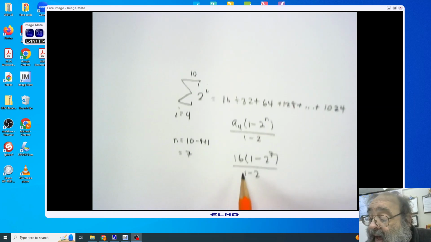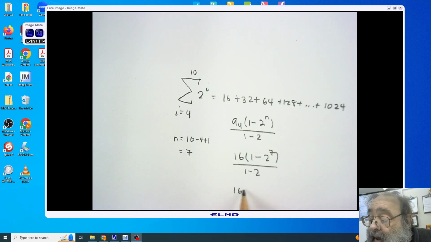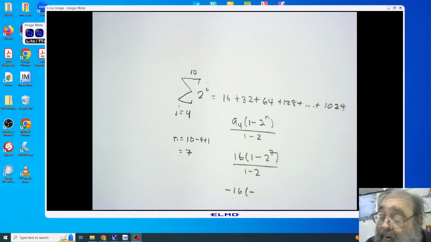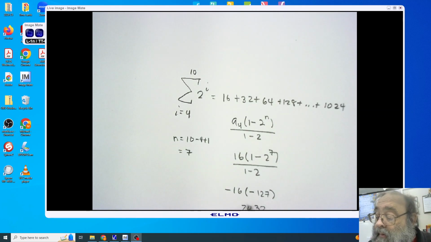And if we're doing that, that's 16 times negative, what is 2 to the 7th power? Let's just find out what 2 to the 7th power is. 128. That'll be 127. And 16 times 127 turns out to be 2032.